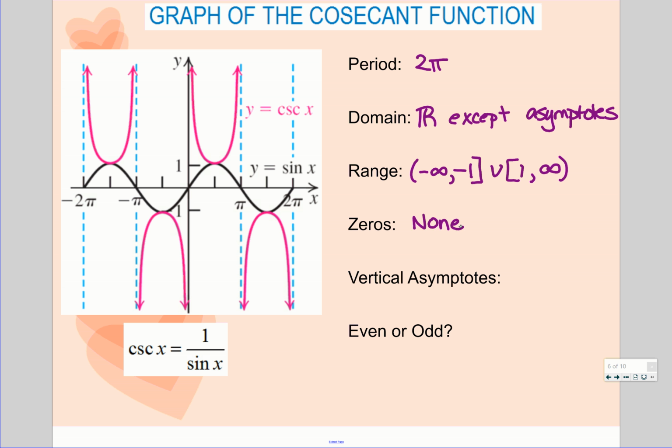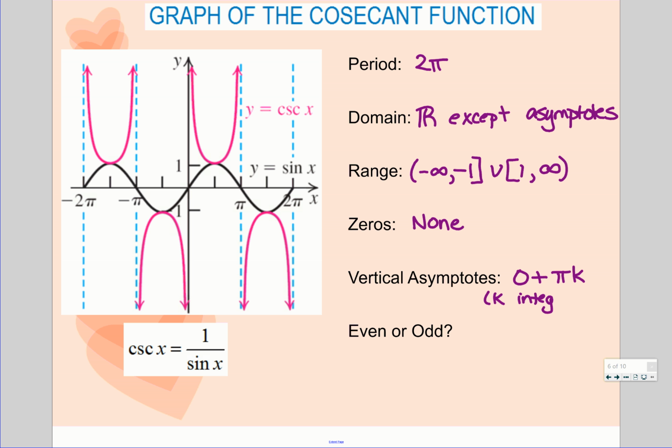Vertical asymptotes. We're going to do this the same way we did yesterday. We're going to pick a vertical asymptote on the graph. I think the easiest one to use here is 0 because my y-axis is an asymptote. Plus, how often do we see an asymptote? How many units do we have to go to get to the next one? Pi. So we're going to say plus pi k, where k is an integer.